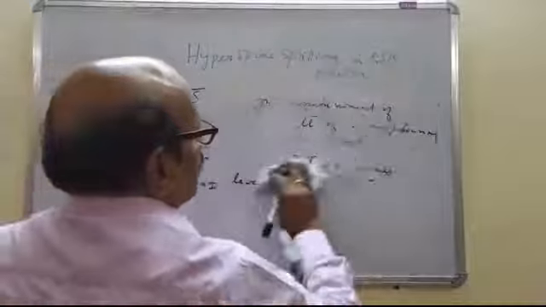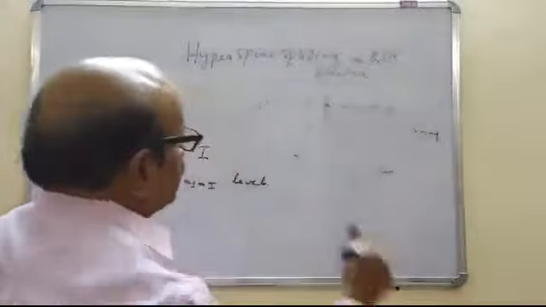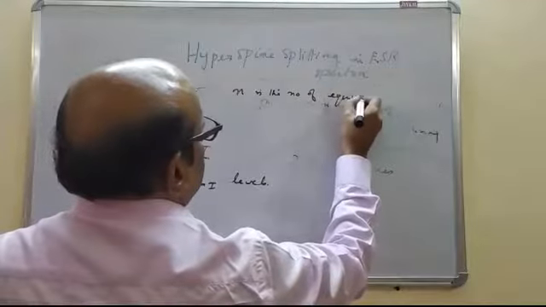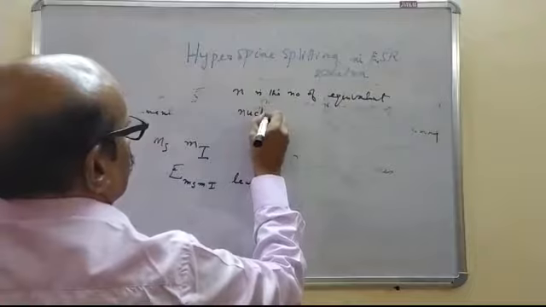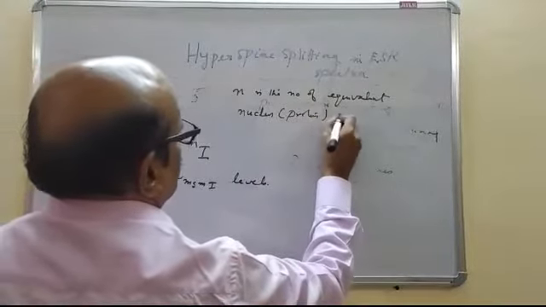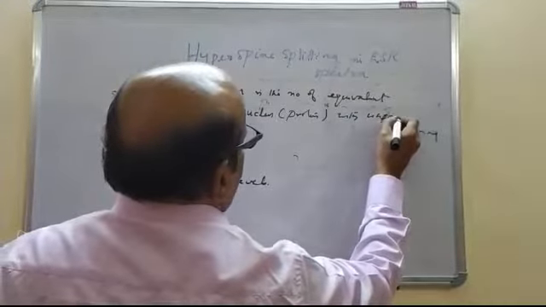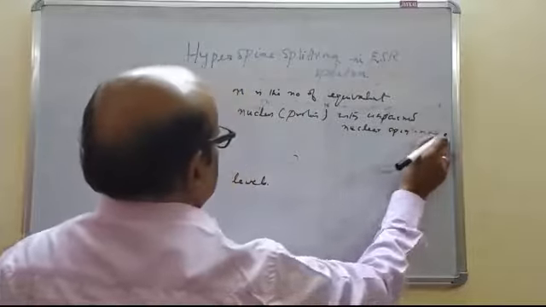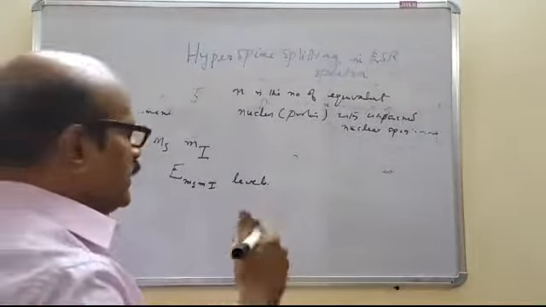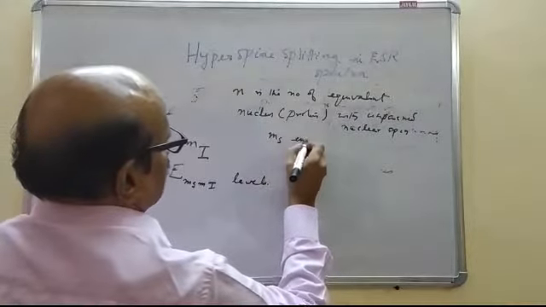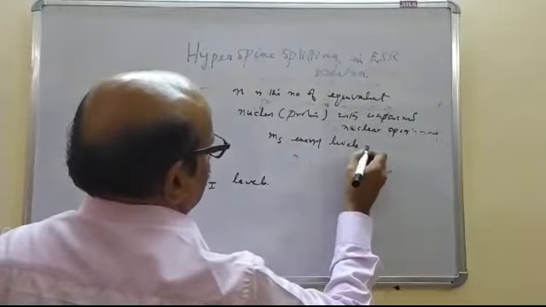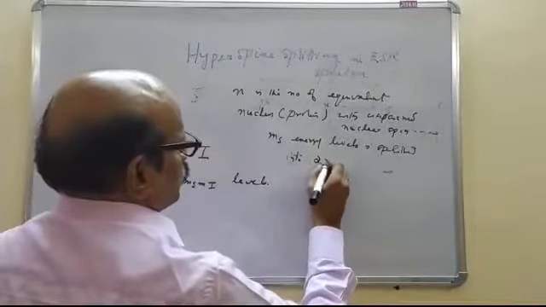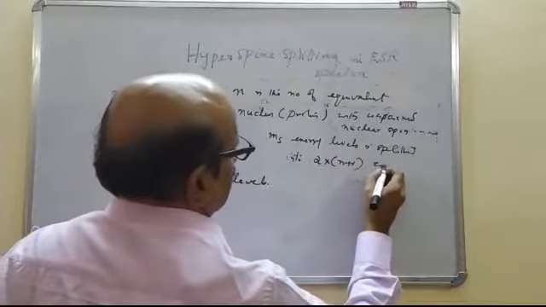Suppose in a molecular species, n is the number of equivalent nuclei or protons with nuclear spin, then the M_S energy level is split into 2 into n plus 1 component levels.